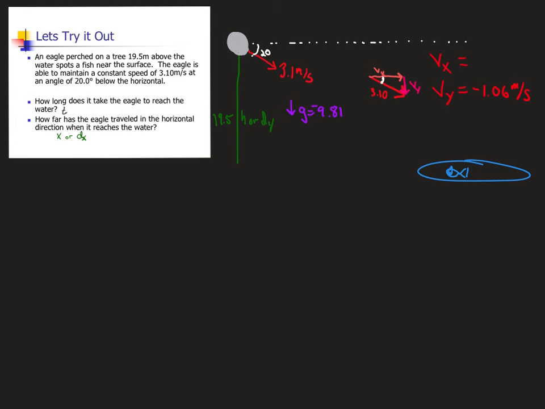And now we would use the cosine of 20 times 3.1. And that is 2.91 meters per second. So we have a little bit more information for that.